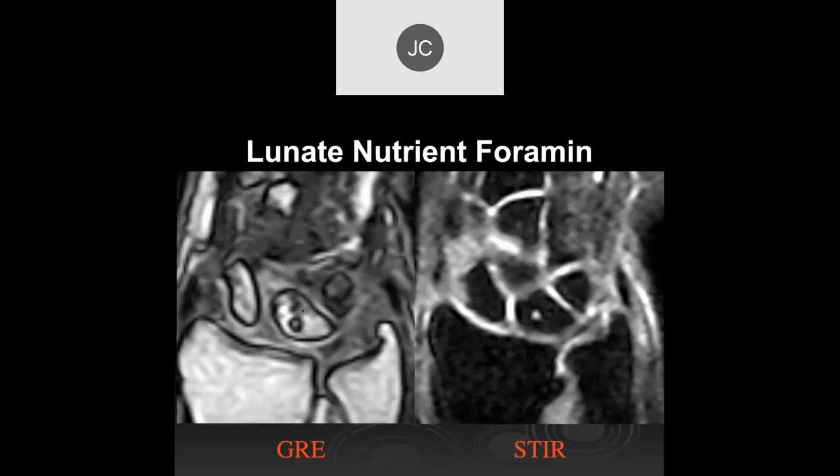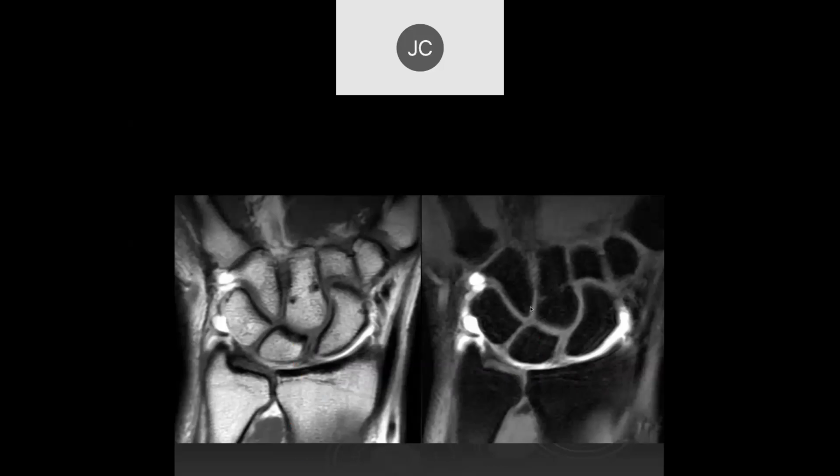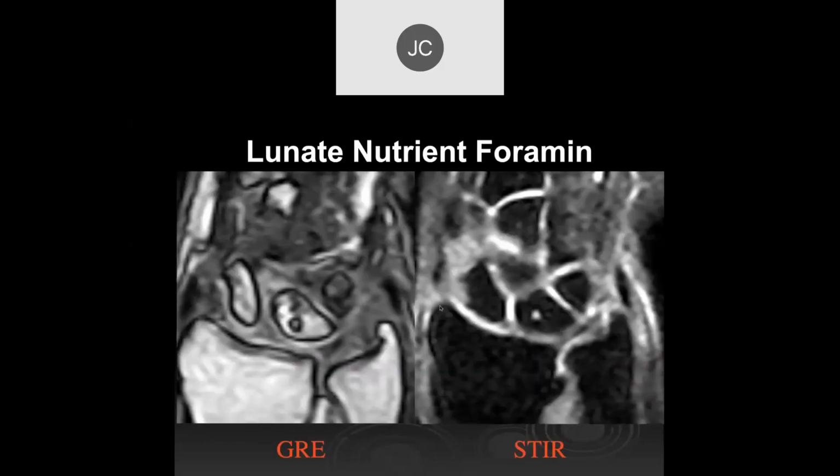Especially dorsally in the lunate, you'll often have the nutrient foramina where the vessels enter the lunate, and these can actually look like erosive changes, except they're in an atypical location for rheumatoid arthritis for early erosions, and typical locations for nutrient vessels, which are typically dorsal, whereas the rheumatoid erosions tend to, again, start where you have the capsular insertion, as we've been talking about.